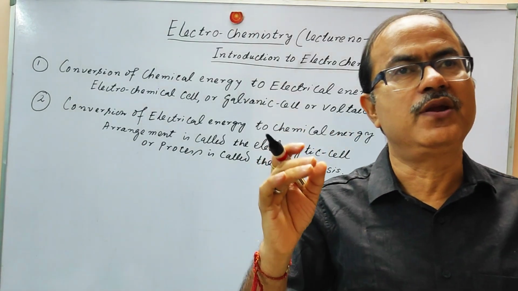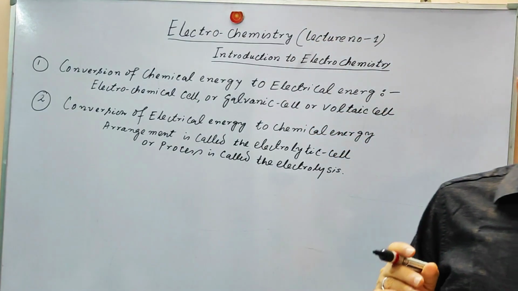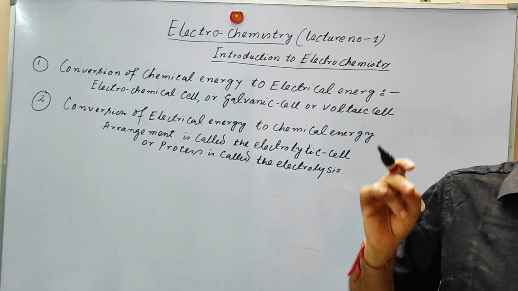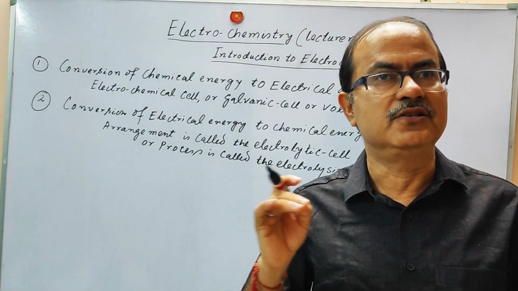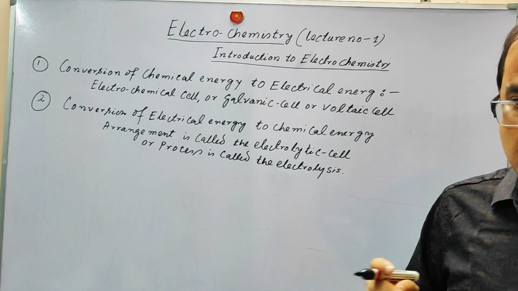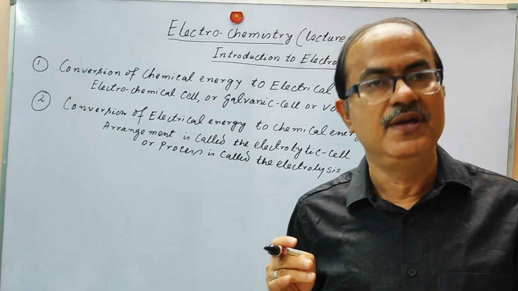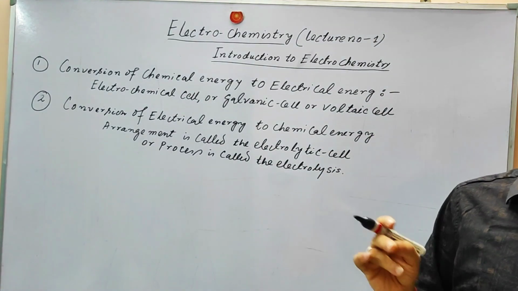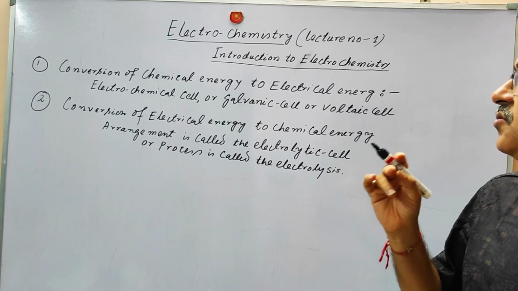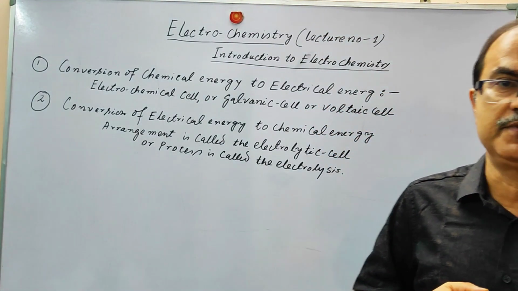So the two cells we deal with in this chapter are the electrochemical cell, or voltaic or galvanic cell, and the electrolytic cell, which is very important in industrial practices and in our day-to-day life, and the process is called electrolysis. So these are the two aspects we are going to deal with in this chapter.